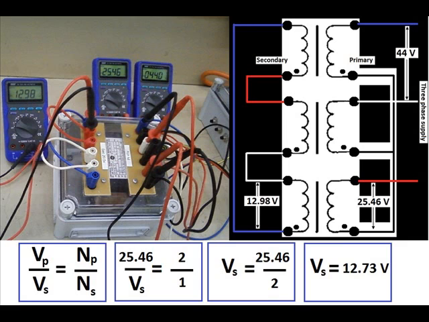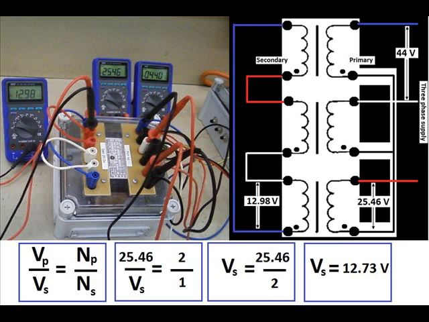We don't use the 44 volt line value input, because that's across 2 windings, and as I said, the ratios are all about one winding to another. So it's all about the phase values. So in this formula, we will use the phase value on the star primary side, which is 25.46.